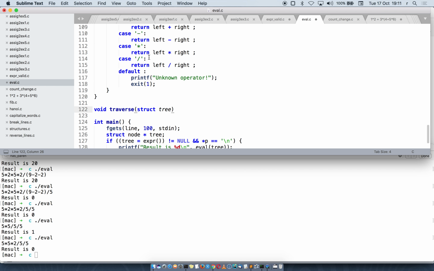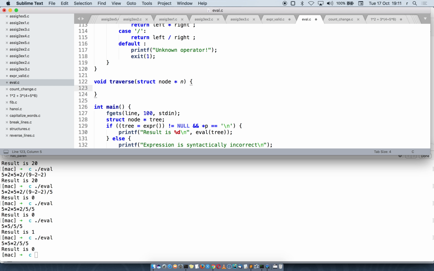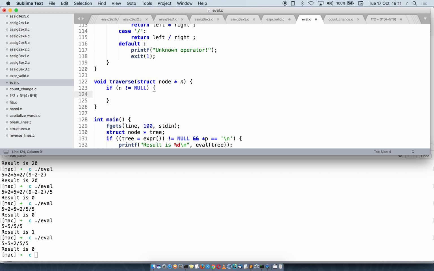Struct node. So we're going to add this method that would help us debug the tree at the end. We want to see what the tree looks like.